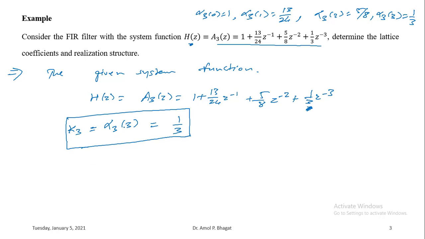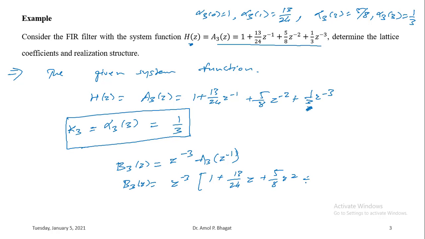Okay, so now from this a3 of z you can obtain b3 of z, by using this equation of bm of z, that is z to the power minus 3 a3 of z inverse. Okay, this b3 of z is equals to z to the power minus 3. Again here we have this 1 plus 13 by 24 z plus 5 by 8 z square plus 1 by 3 z cube, right?